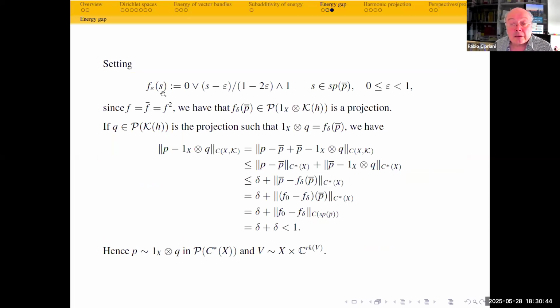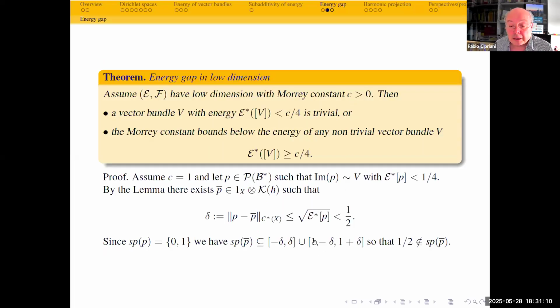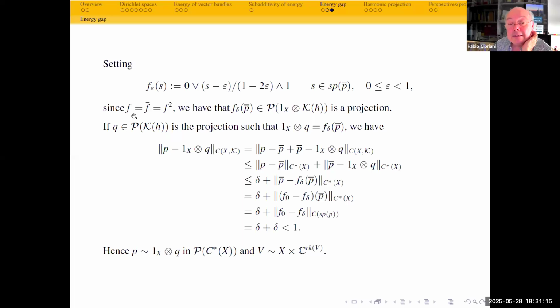Then, if we consider this family of functions, which are 0 if s is less than epsilon, and 1 if s is greater than 1 minus epsilon, then on the spectrum of this P bar, since the spectrum is contained in the union of these two disjoint intervals, f is a real function and coincides with this square.